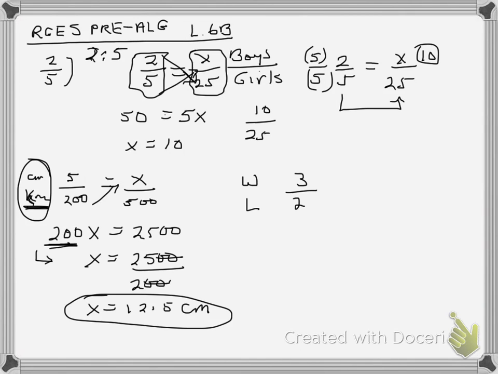But I'm not given games lost or games won, so what am I given? I want to know how many they won, so that is my question mark, and I'm given the games played. So now I have to make a ratio with the games won to the games played. Because I'm given the games played, which is 25, and I want to know how many are won. So it's these two things, won and played, that I need to express in my ratio.